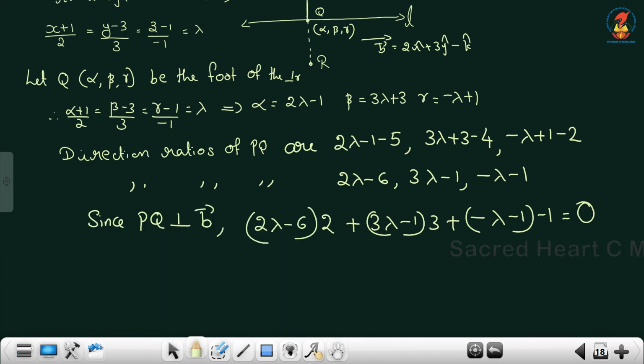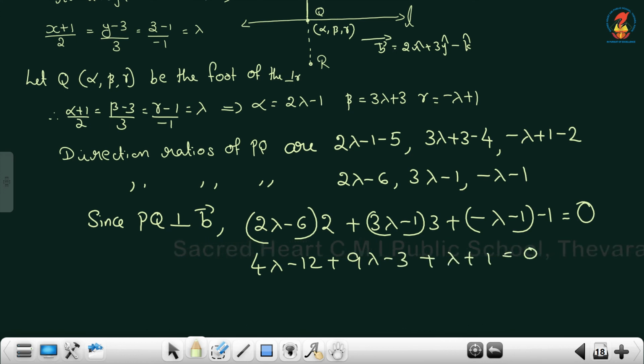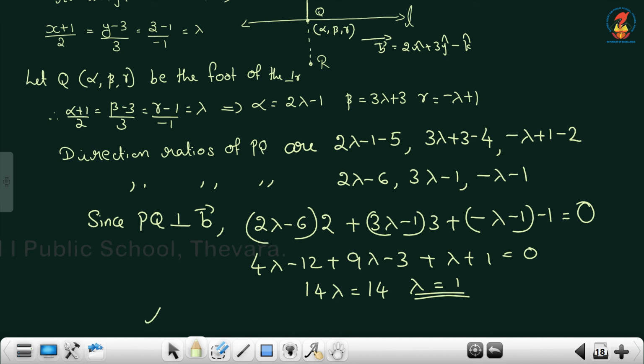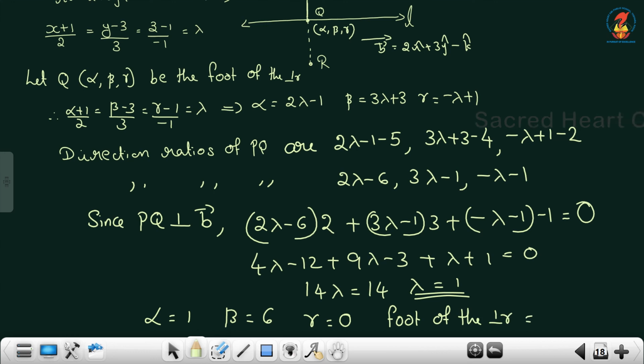Then open the bracket: 4 lambda minus 12 plus 9 lambda minus 3 plus lambda plus 1 is equal to 0. 14 lambda is equal to 14, so lambda is equal to 1. So what is alpha? 2 into 1 minus 1 is 1. Beta is equal to 6 and gamma is equal to 0. So the foot of the perpendicular is (1, 6, 0).